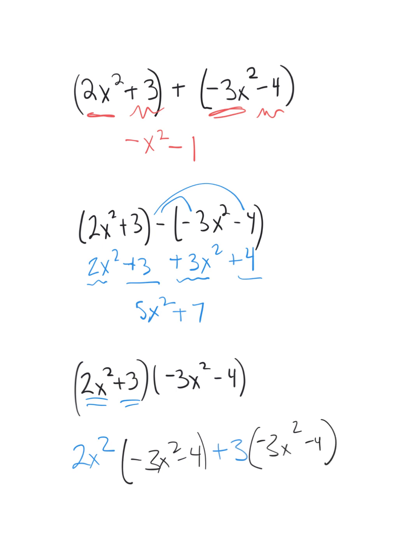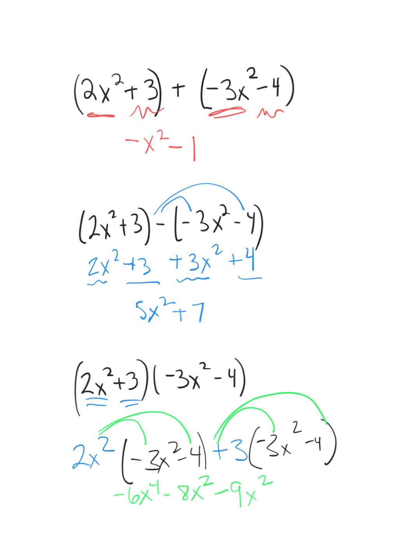And so now we're going to distribute. This would be a negative 6x to the 4th minus 8x to the 2nd. 3 times the negative 3 is negative 9x squared.